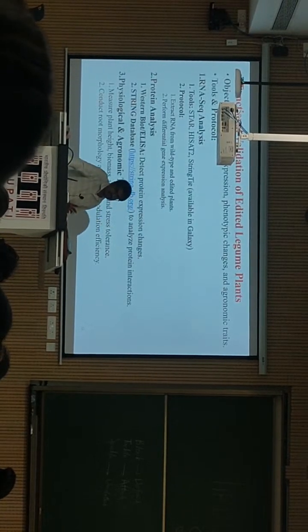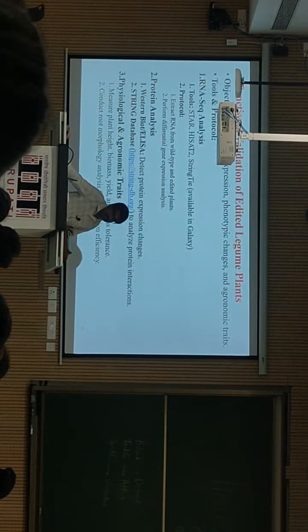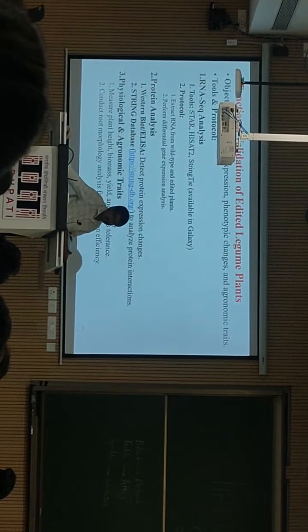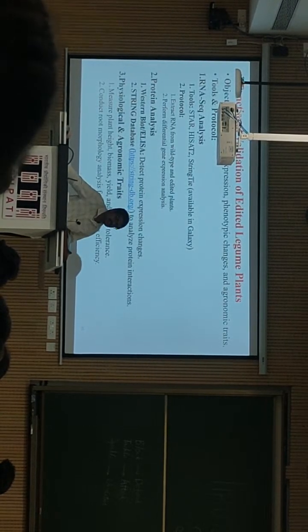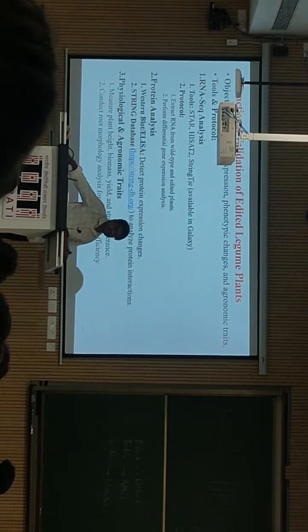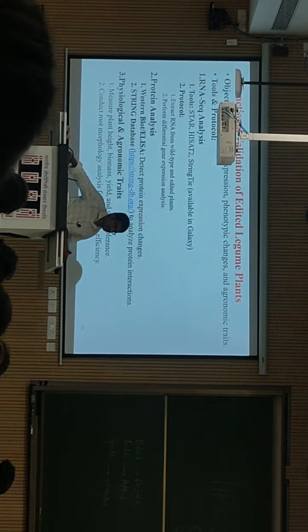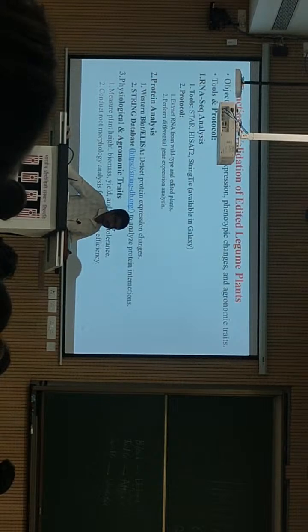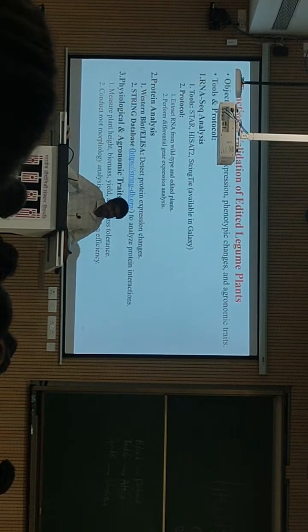In the case of animals, we need to grow the respective animal in laboratory conditions or in animal house conditions. Then we need to check whether the particular disease has been cured or not. Correct. Similarly, we need to grow the respective plants from the seedlings to the hardening stage.